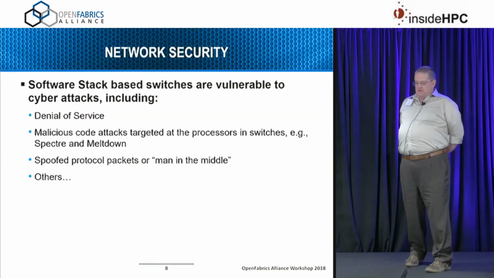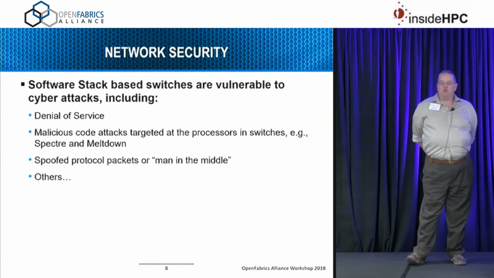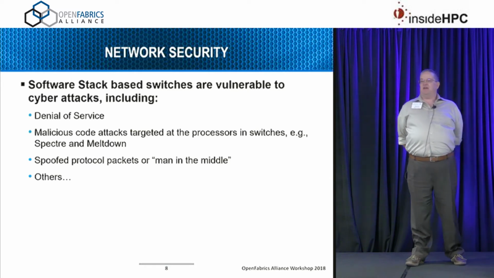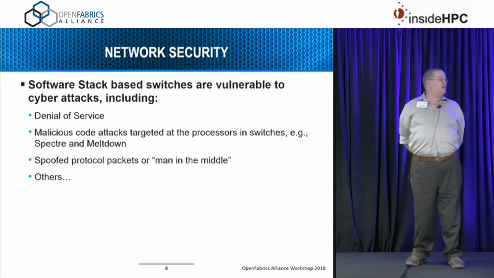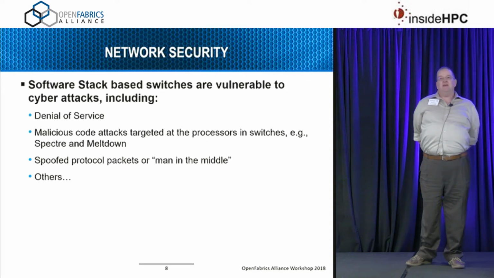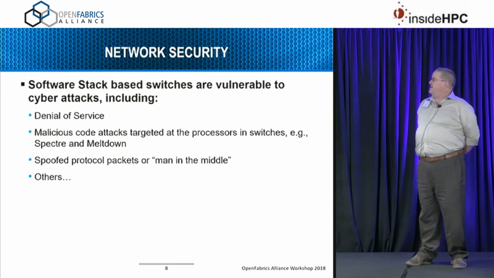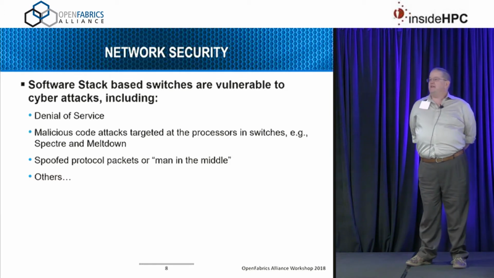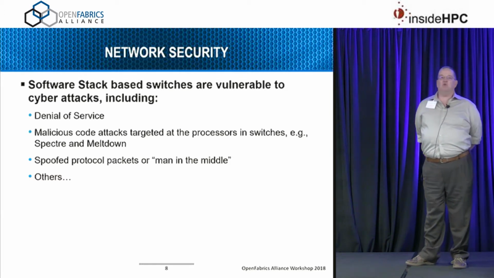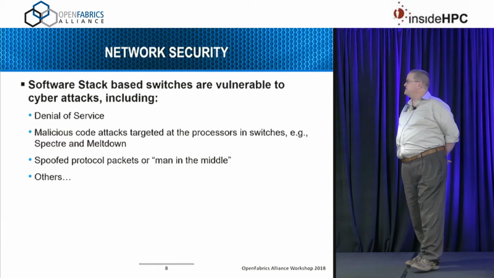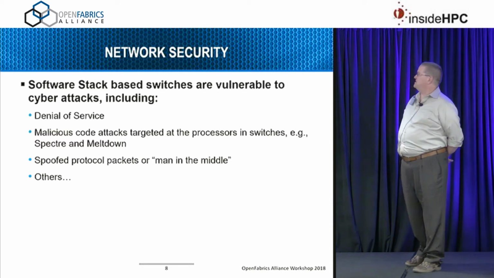The other problem with a software-based switch is they pose and actually create some very interesting security problems. Now, there's been a lot of advances in this over the last several years, but they're still not perfect. You can get into a situation where you've got a denial of service. You typically see this more on edge routers as opposed to spine switches.